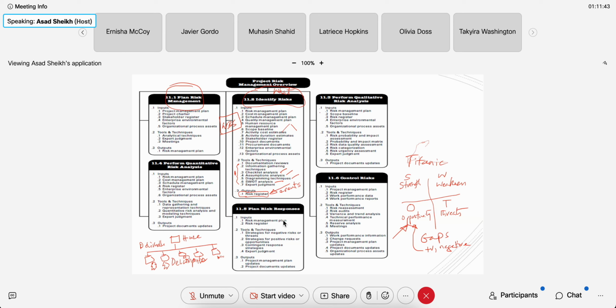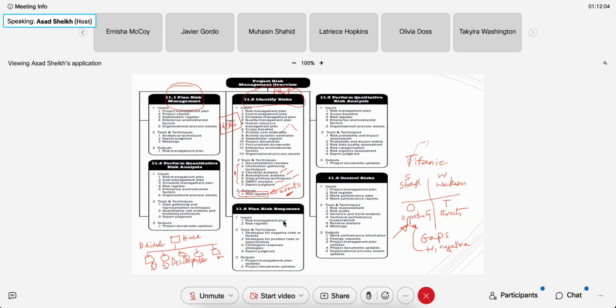Now that you have identified your risk, which I'm calling events, risks have a probability because they're uncertain. What do I mean by these things?